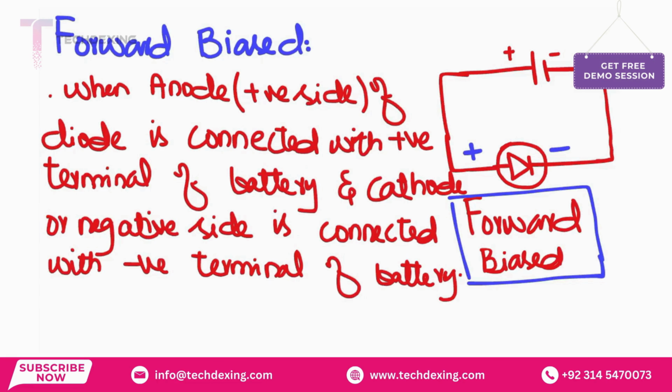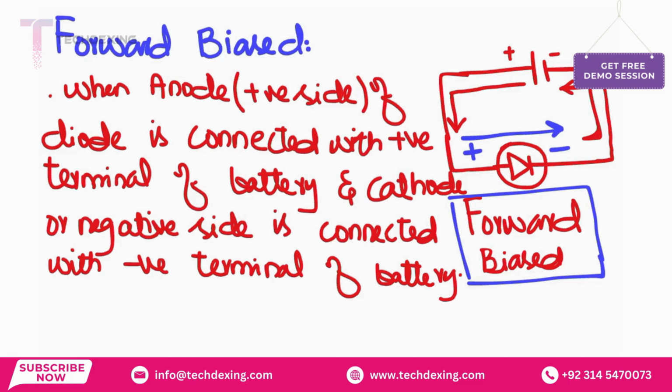If we look at this slide, as is mostly considered in physics, current starts from the positive terminal of the battery, flows through the semiconductor diode, and then goes to the negative terminal, right?